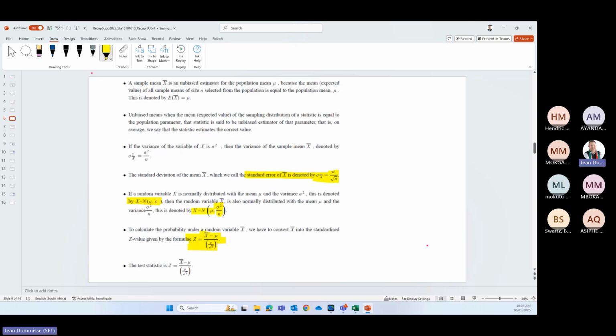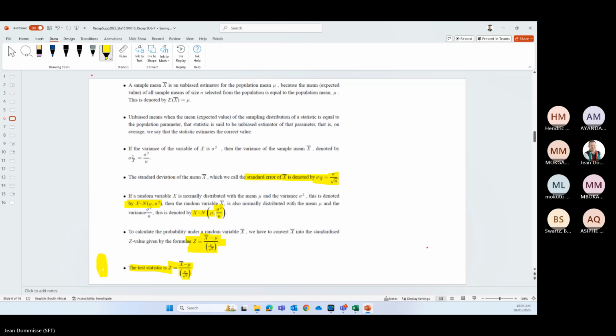So just keep that in mind if I use that notation in any of the questions. So the z-test is x minus the mean, divided by that.